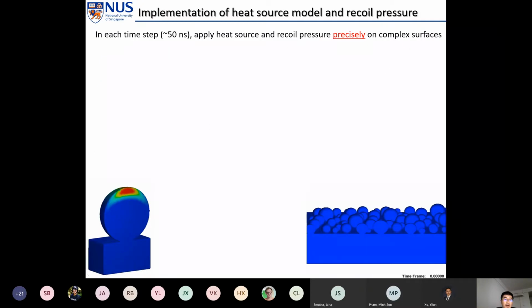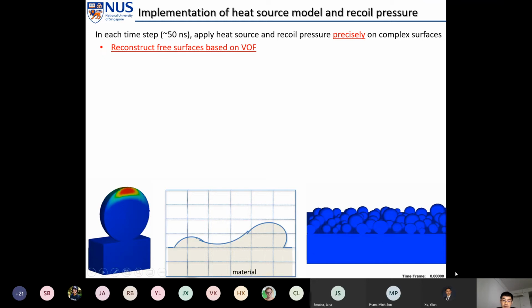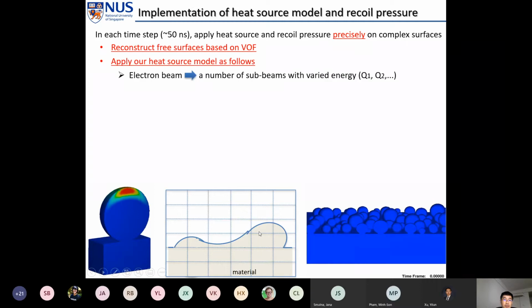And how can we implement this heat source model from micro scale to the powder scale? Okay, so for each individual time step in the model, we construct this very complex powder free surface like this. And then we apply our heat source model by dividing the electron beam into a number of sub-beams.